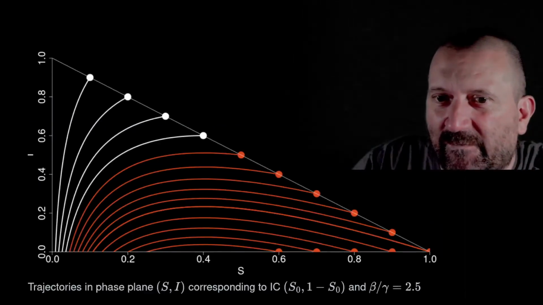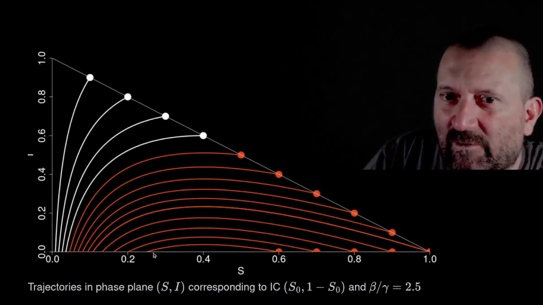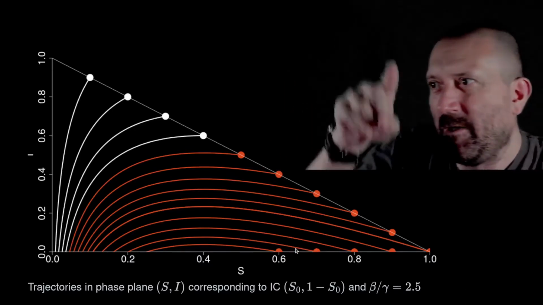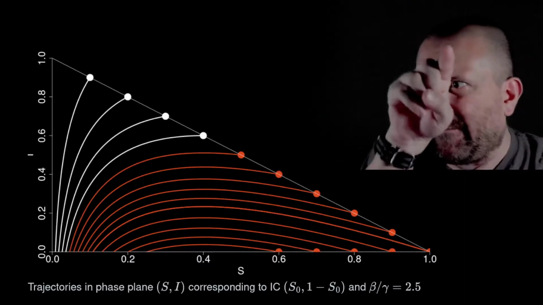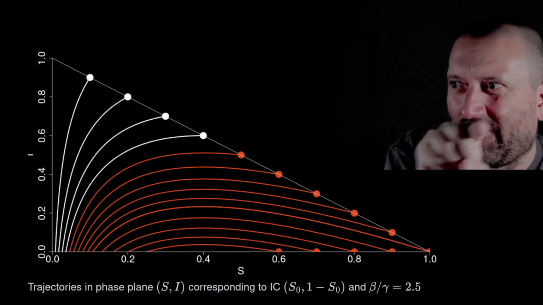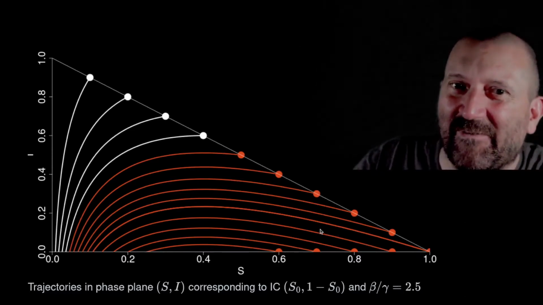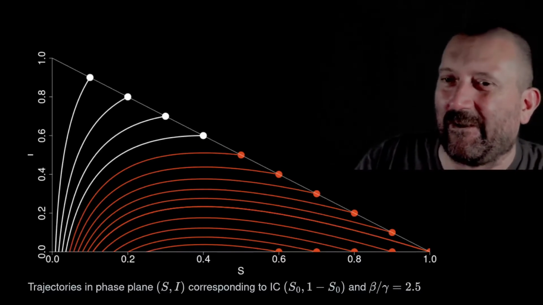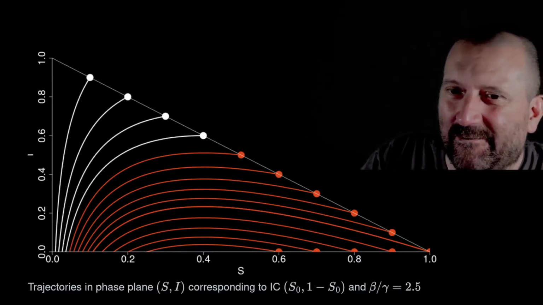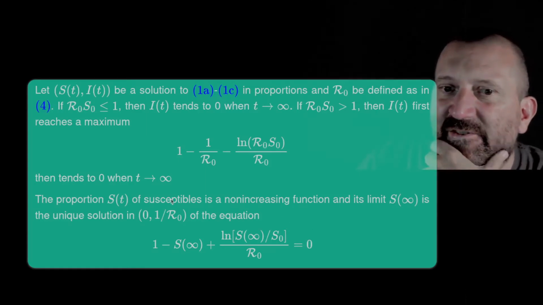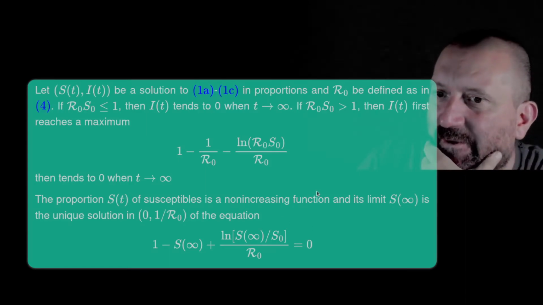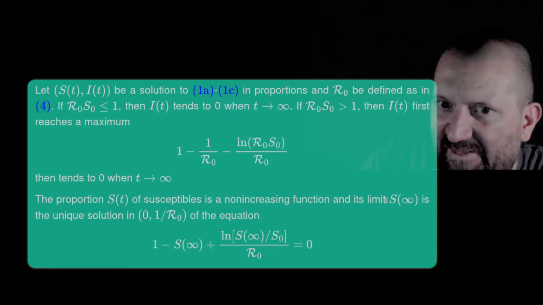If you follow these curves, you can see that there is no going back and forth. I should make sure I'm not going anything else than towards the left when I follow S. Okay. So S of t is a non-increasing function, and I can find its limit.